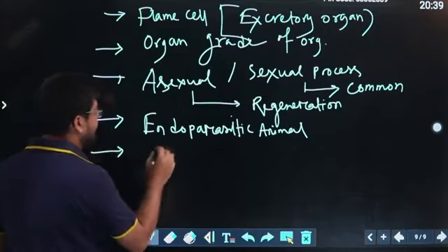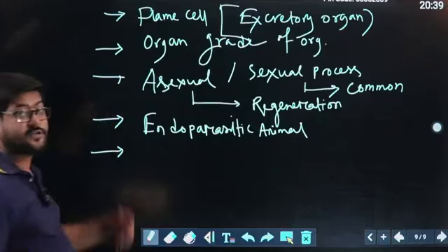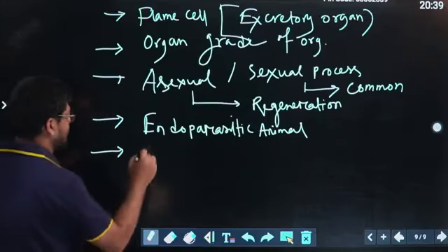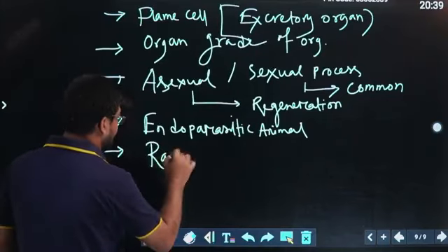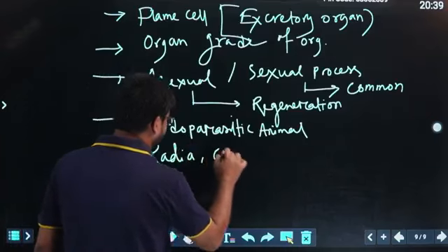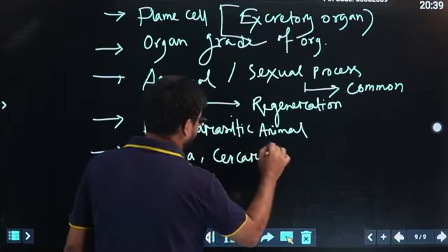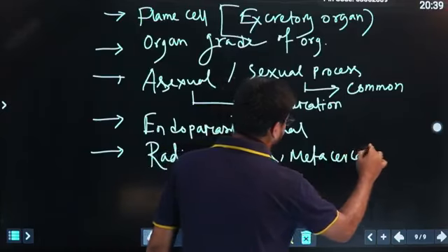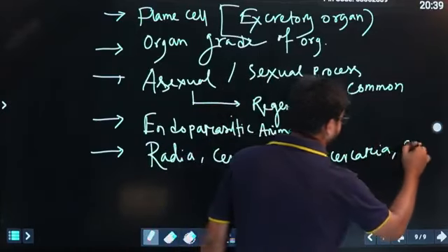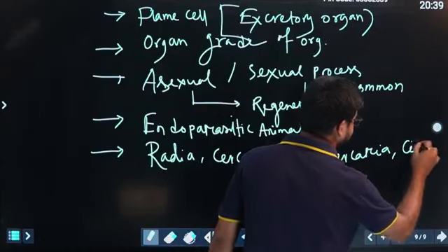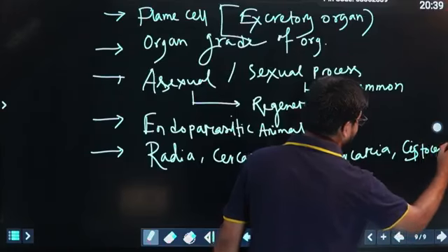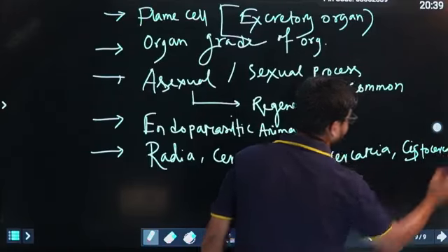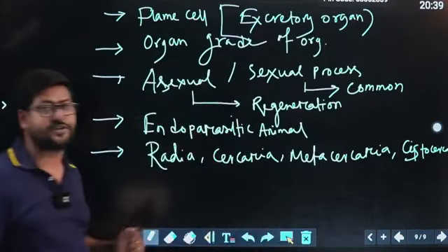Another important thing is that they have many larval stages when they are doing sexual reproduction, such as redia, cercaria, metacercaria, cystocercaria, this kind of larval stage.